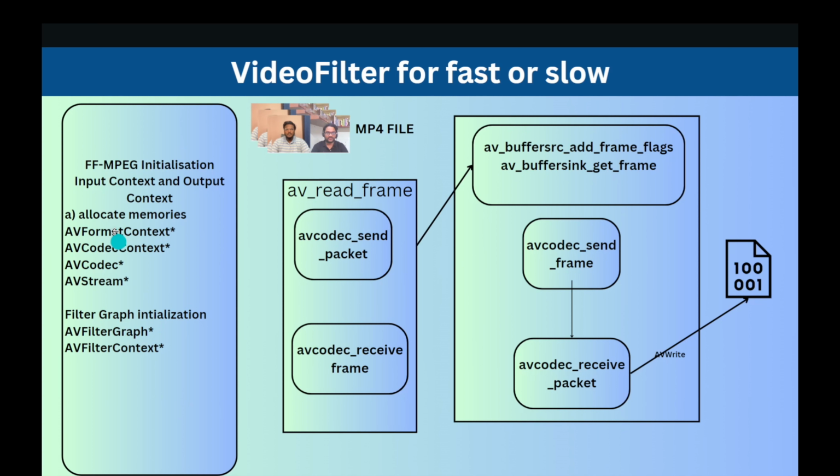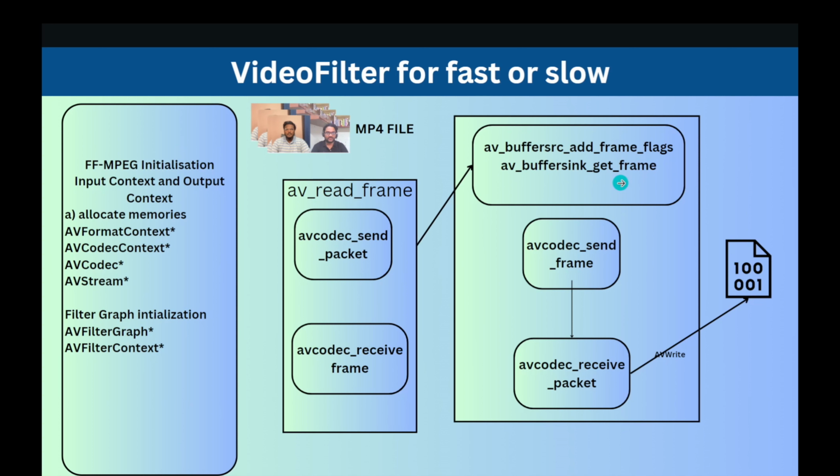After initializing all the required things, we start reading the file and get the raw frame. Once we receive the raw frame, we alter the presentation timestamp for that frame with the help of these two APIs. We add the frame, and inside it we call the AVFilterGraph context, which has the setpts configuration, and you receive the altered frame here.